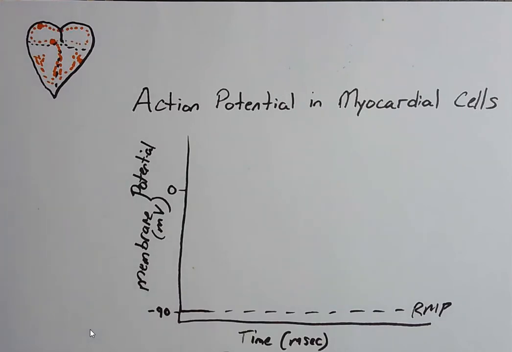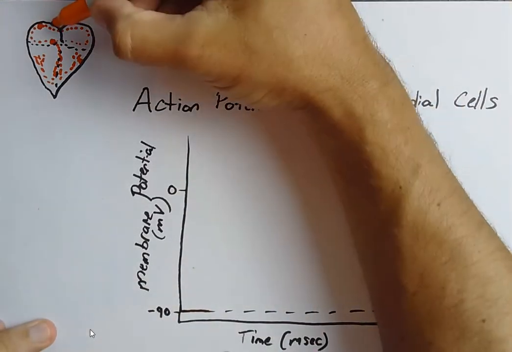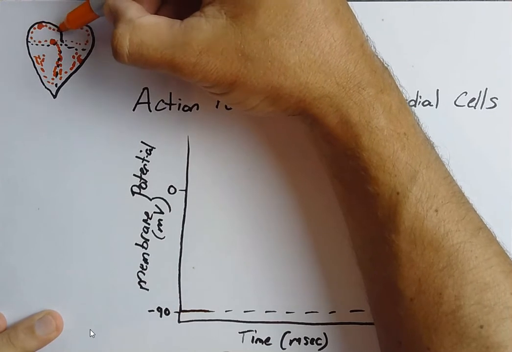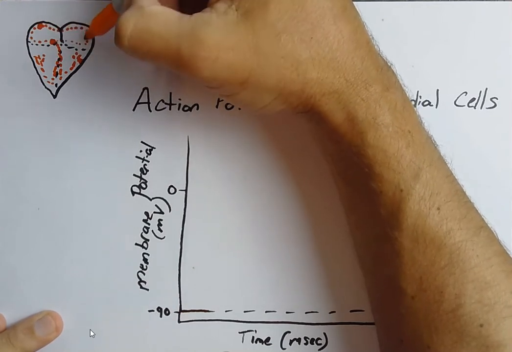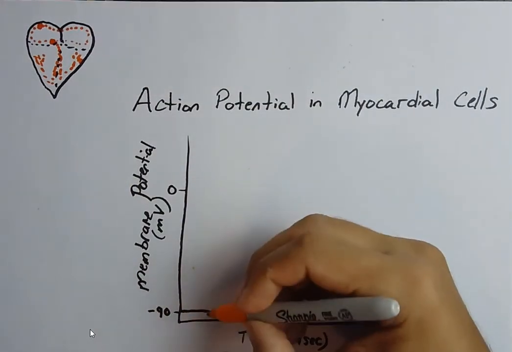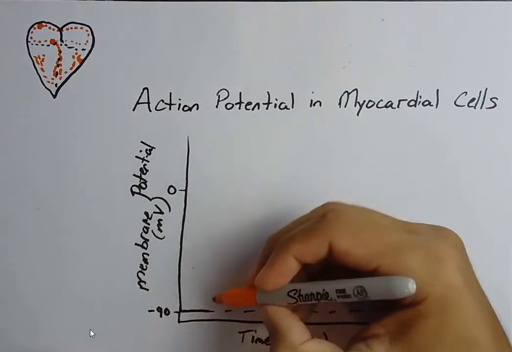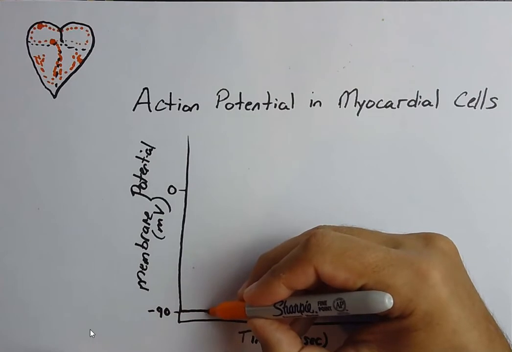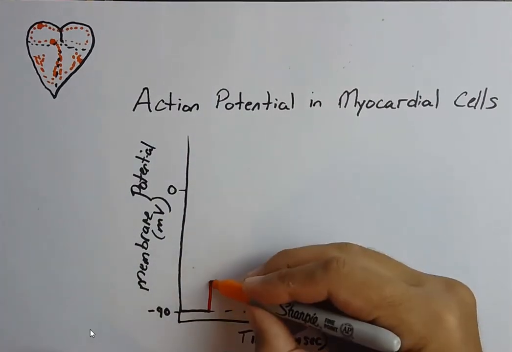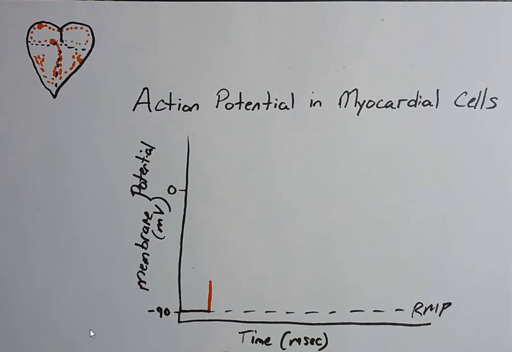And then the electrical current derived from the autorhythmic cell that is shooting through the heart hits the myocardial cells in the atrium and in the ventricles. That current is going to go flooding across that membrane, and as it does, it's going to cause this curve to just shoot straight up.